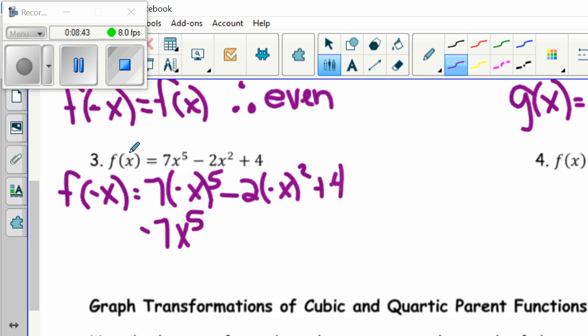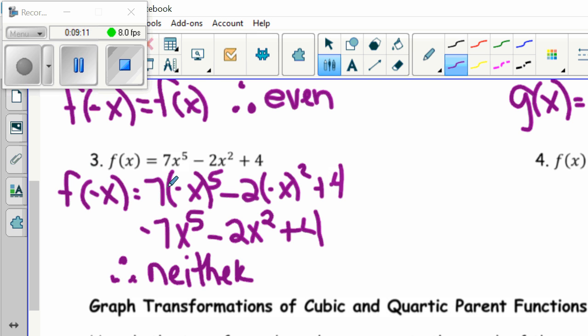So right off the bat, I know that this is not going to be even because I didn't get the exact same thing back. Negative x squared is going to turn positive, but then this negative 2 out here leaves it negative 2x squared plus 4. So again, I did not get the exact same thing back that I started out with, so I know it's not even. Not all of my signs changed, so I know it's not odd. Therefore, this is neither even nor odd. If we were to graph that, we would not have symmetry about the y-axis or the origin.